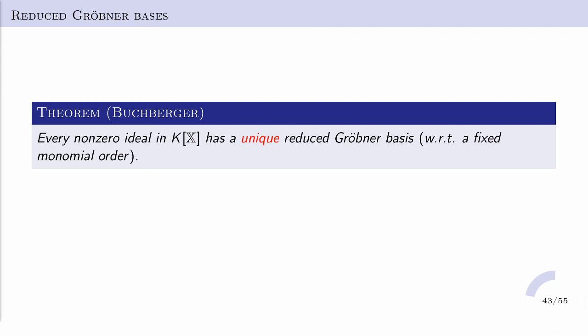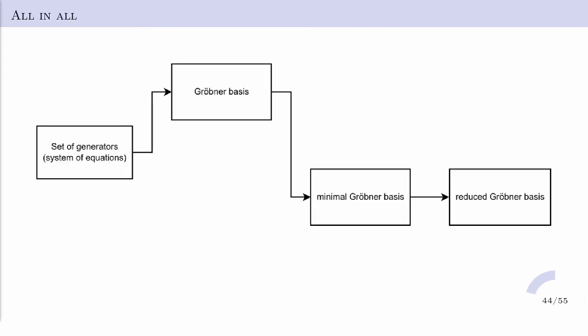So all in all, the whole idea of working with polynomial equations is the following one. We start with a set of generators of an ideal, so the initial system of polynomial equations. As you have seen, we enlarge it. We use the Buchberger algorithm to append the remainders of the S polynomials until we arrive at the Grobner basis.